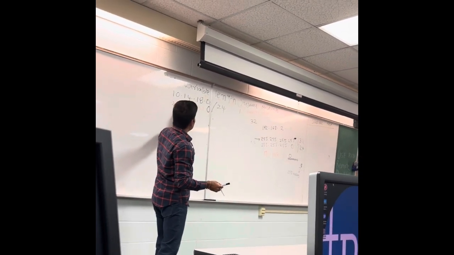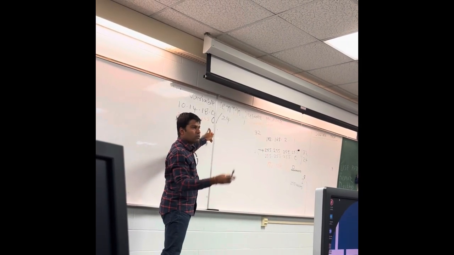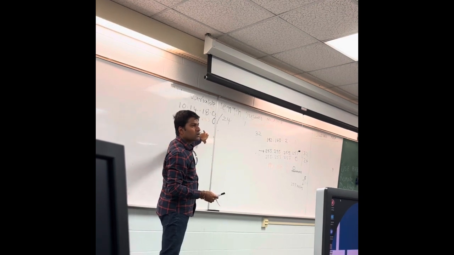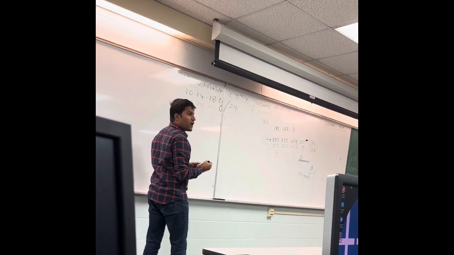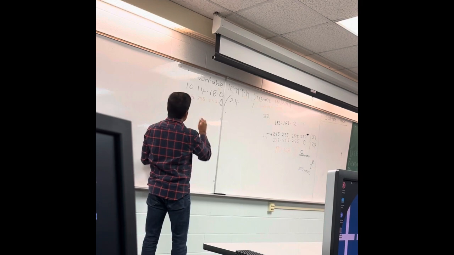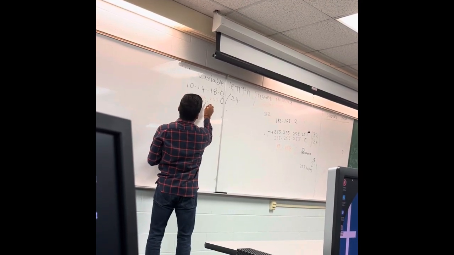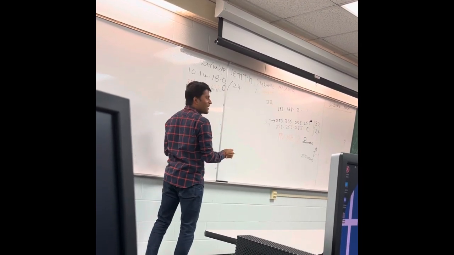Why is this /24? Why this subnet mask? How many ones are there in this? See, 255, when you convert it into binary, how many ones? 8 ones. This, 8. This, 8. This, 8. And then 8 zeros.